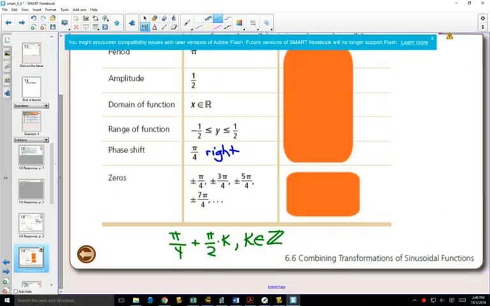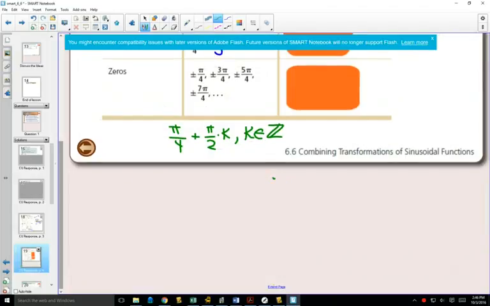Some of you might say, I noticed that they're all odd numbers times pi over 4. And maybe you remember how to write odd numbers times pi over 4, because we did that with cosine. What did we put in the brackets to make it an odd number? Remember?